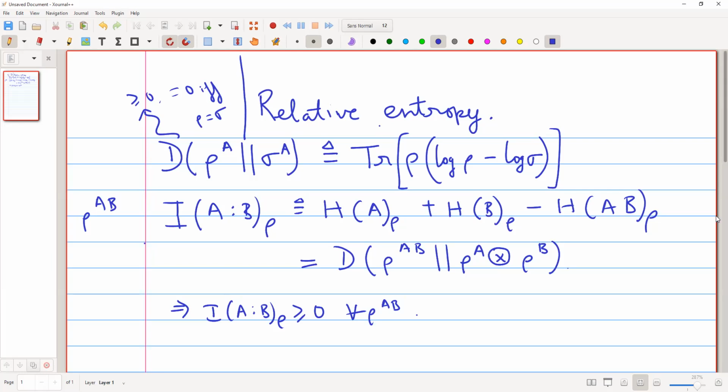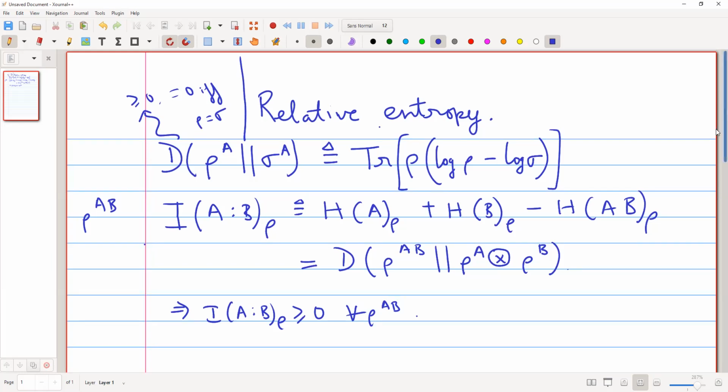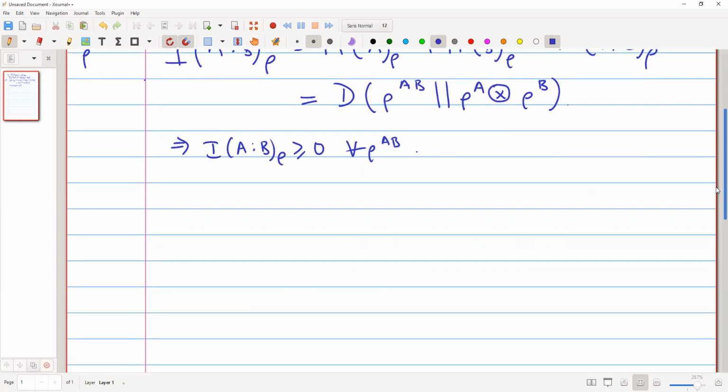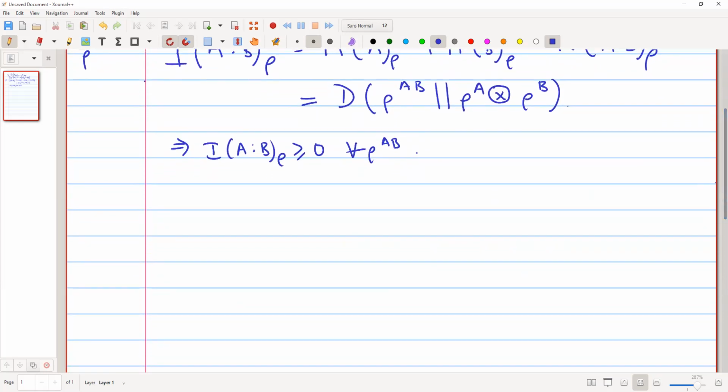So far so good. And already it proves this non-trivial result that the mutual information is always non-negative for any joint density matrix. So this further implies what I'll call the sub-additivity of the Shannon entropy.